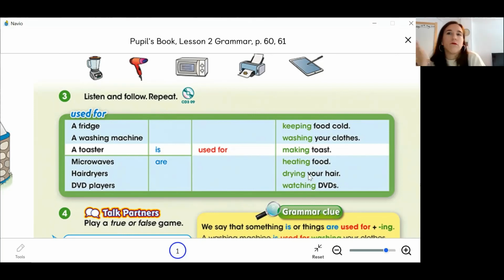And then whatever. You can even not write the black part, you can only write the green part. For example, a pencil is used for writing. That's it, writing. You don't have to write for writing in the notebook. Only writing is good. I'm going to explain you in the whiteboard.